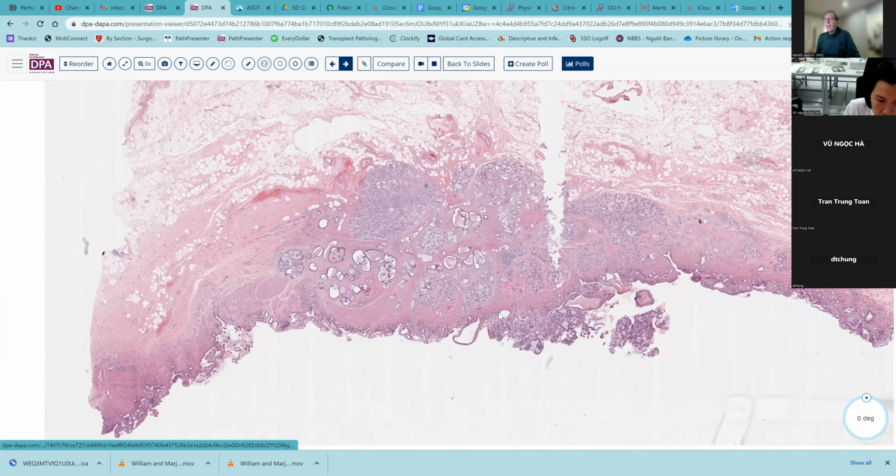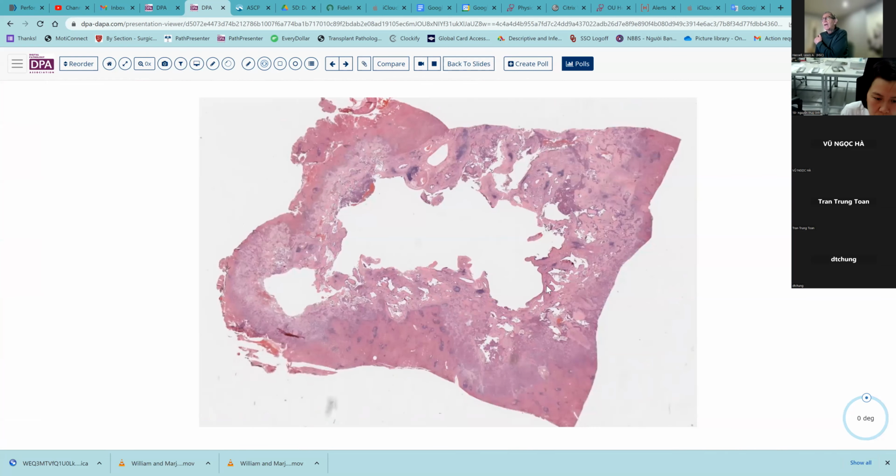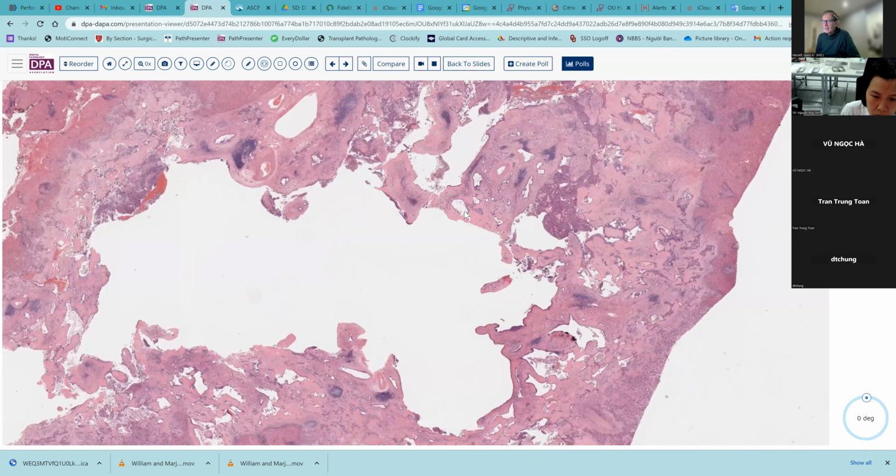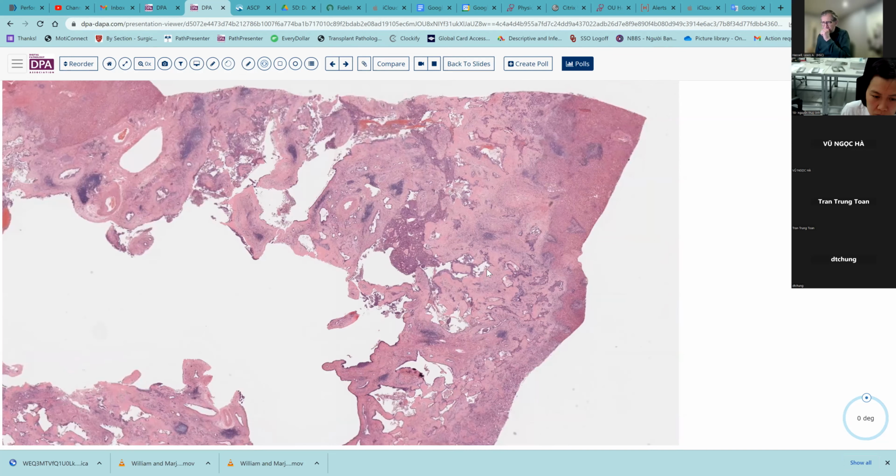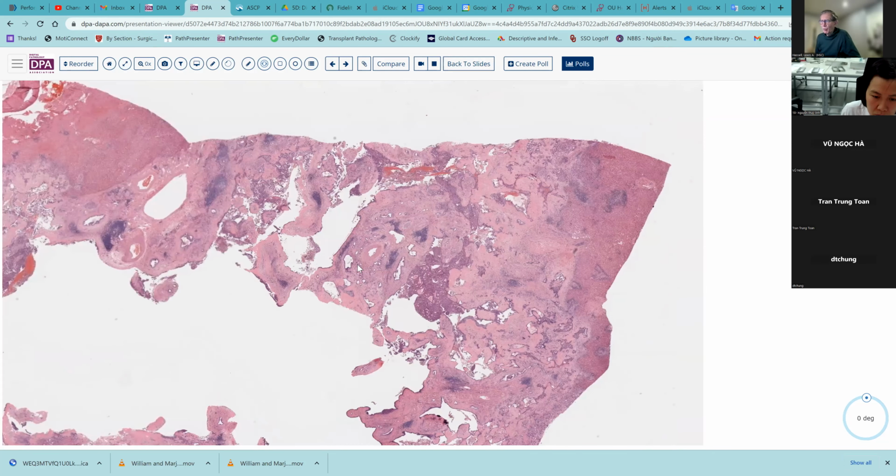Okay, well, here's another example, this one in the bile duct. This is an example of a cholangiocarcinoma that's occurring in the bile duct, but it has a little bit different morphology.